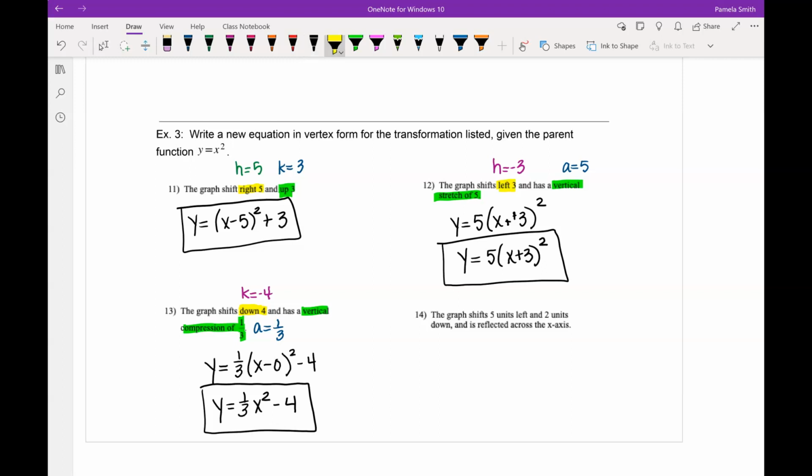Number 14, the graph shifts 5 units left and 2 units down and is reflected across the x-axis. So 5 units left means that h equals -5. Two units down means that k equals -2.